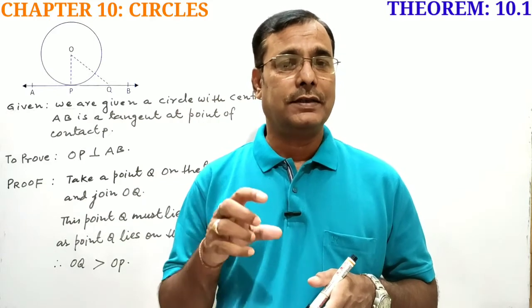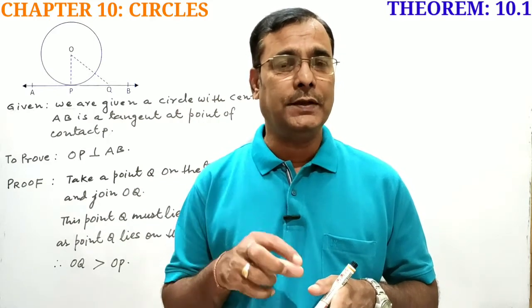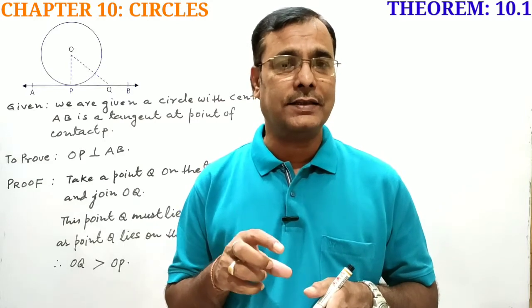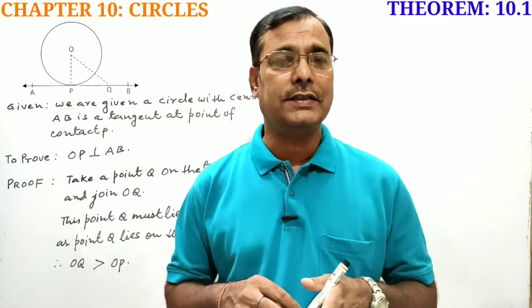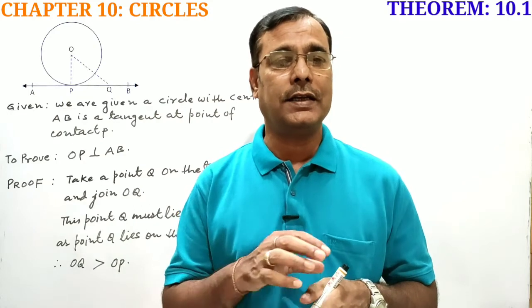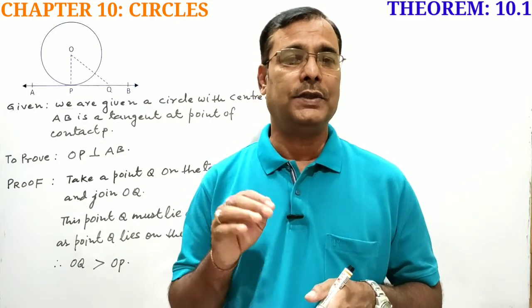Therefore, this radius OP is the shortest distance of all the distances of the points taken on the tangent from the center.